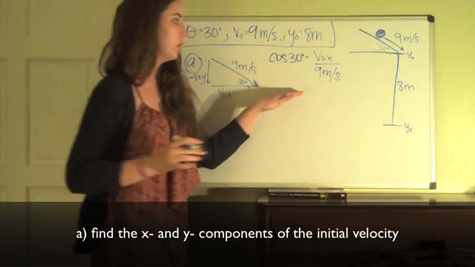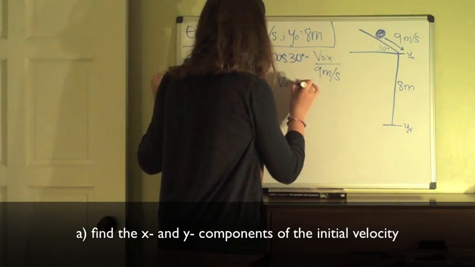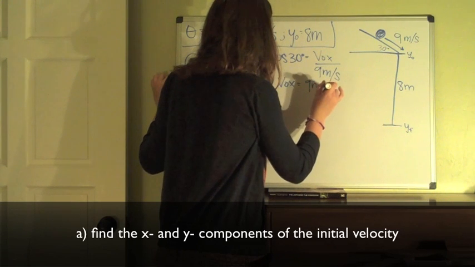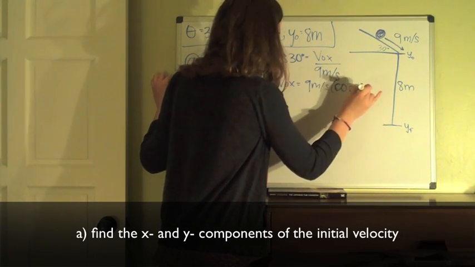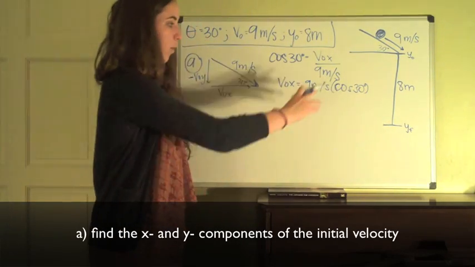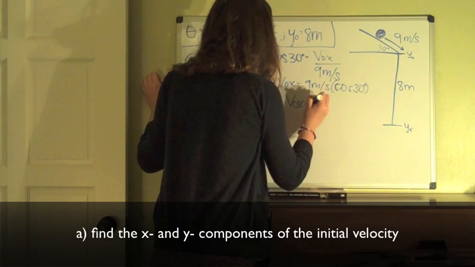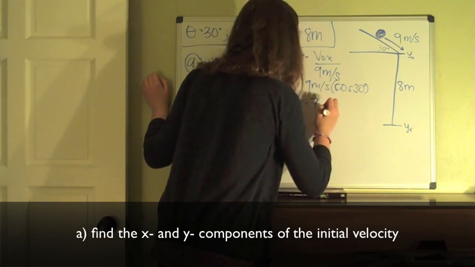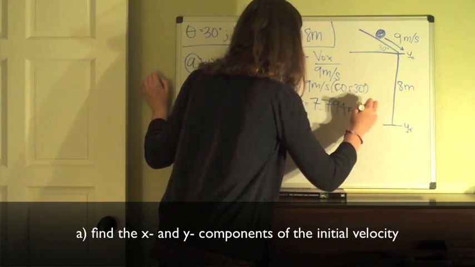Then all we have to do is solve for v0x. When we multiply, we find that v0x is equal to 7.794 meters per second.